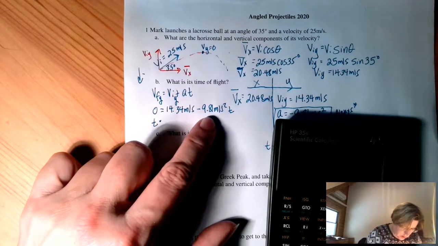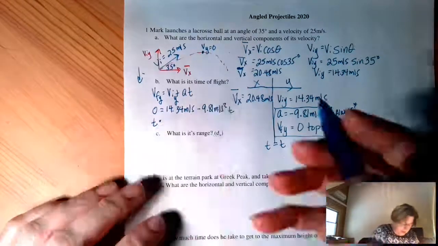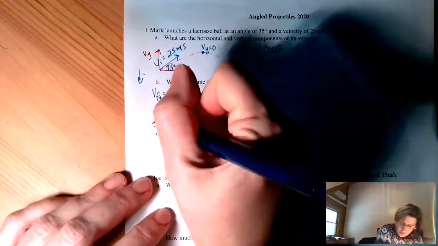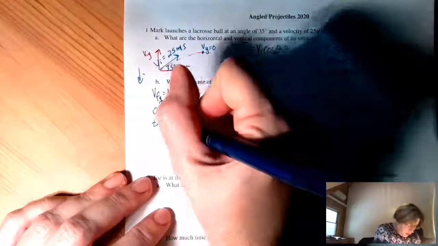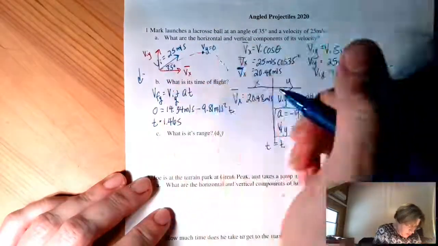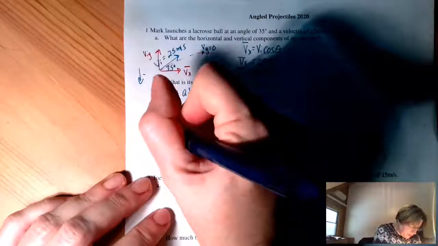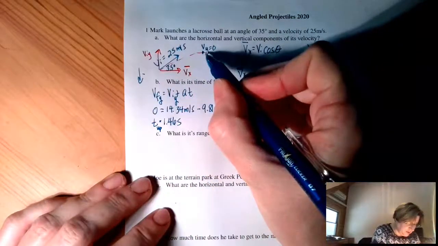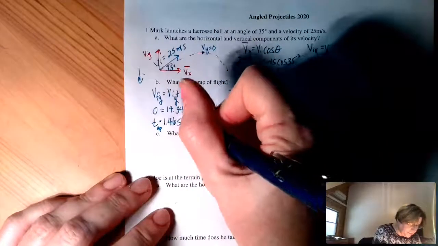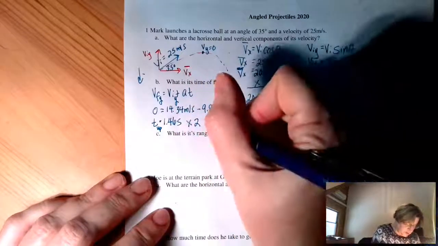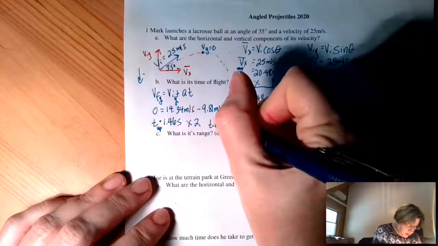And I get 1.46. This is the time up to the top where the velocity is 0. So to get total time, I need to double this. And so total time equals 2.92 seconds.